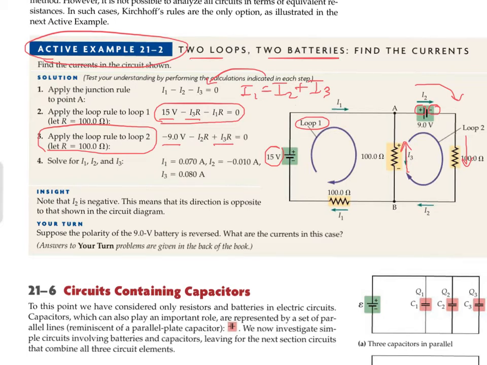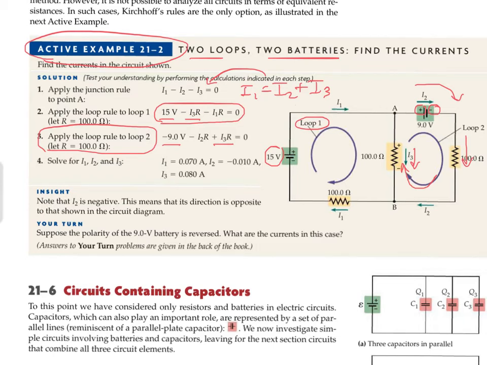And again, that might be a little bit confusing because you're not going in the direction of the assumed current. You're going against the direction of the assumed current. So notice that we assumed the current was going down. When we do the loop rule this way, we're going against the current, so that would be a voltage increase across that resistor. If we're wrong on our assumed direction of the current, as I mentioned before, we'll just get a negative answer for one of the currents.